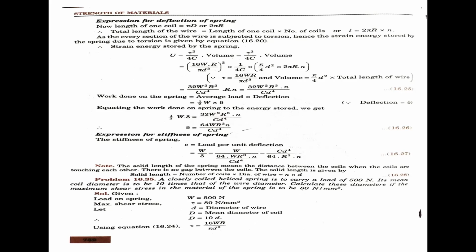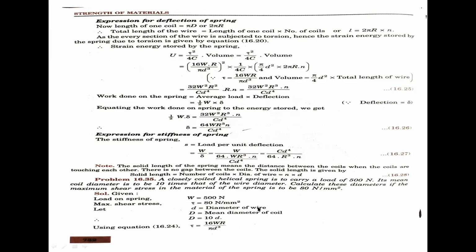Now we have to write the given data. For the closed coil helical spring, the load on the spring W equals 500 newtons. The maximum shear stress tau is also given as 80 newton per mm square.